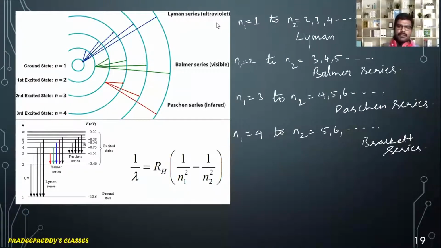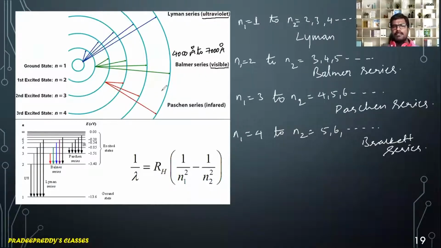And Lyman series is usually observed in the ultraviolet region. Balmer series is in the visible region. That means Balmer series has a wavelength range of 4000 angstroms to 7000 angstroms, because the visible range is from 4000 to 7000.